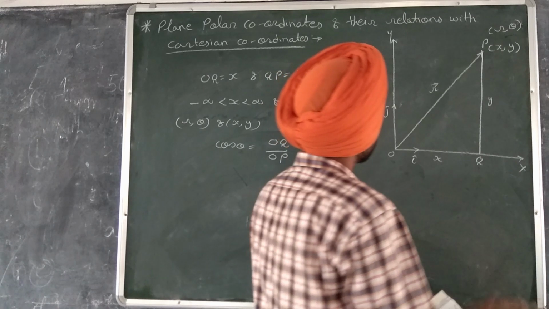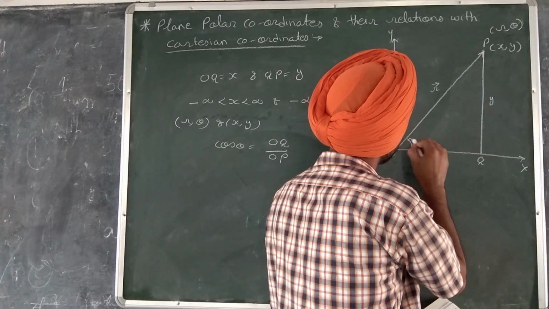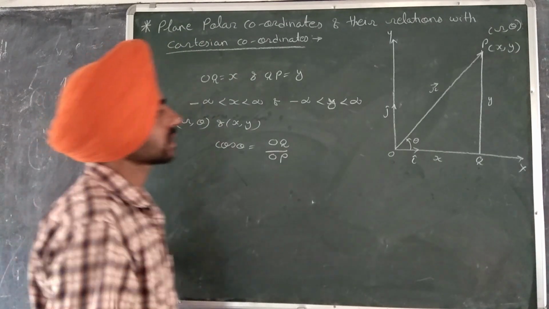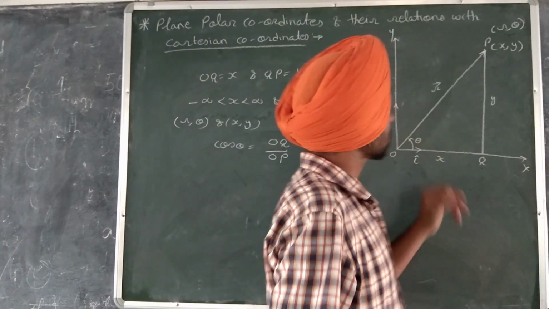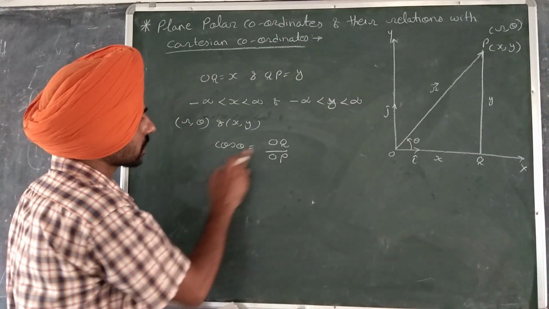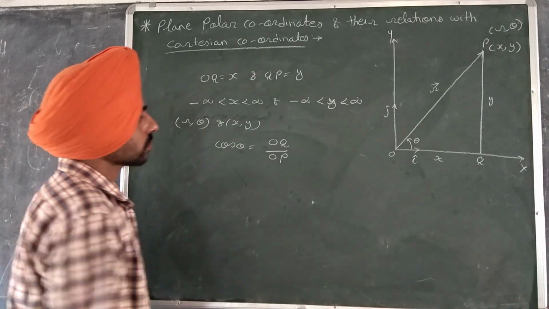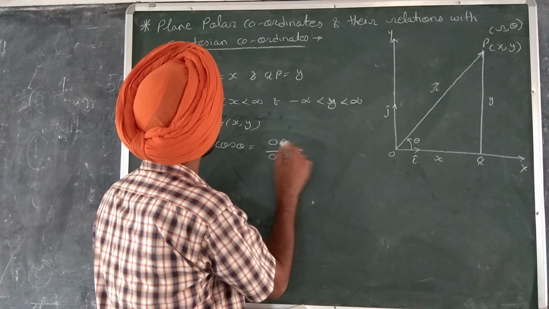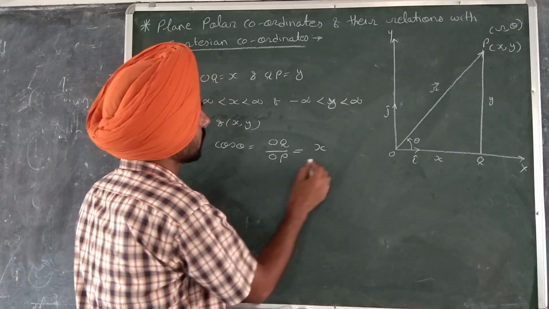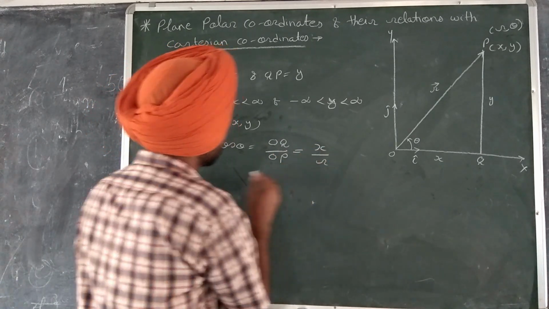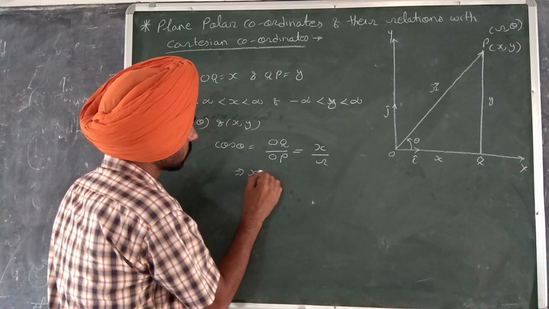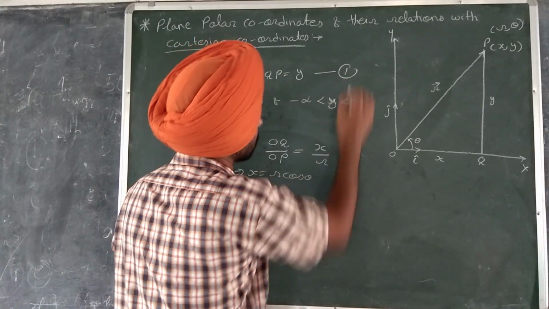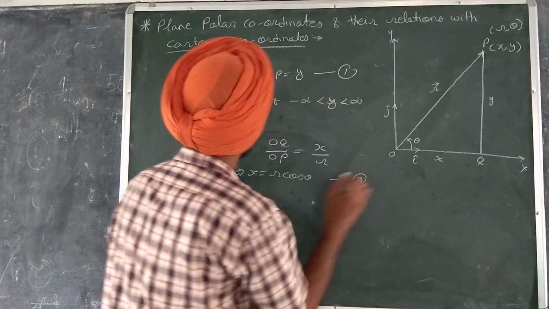In this triangle, this angle is theta and this is r; these are the plane polar coordinates. OQ is x and OP is r. So x equal to r cos theta. That will be equation number 1.